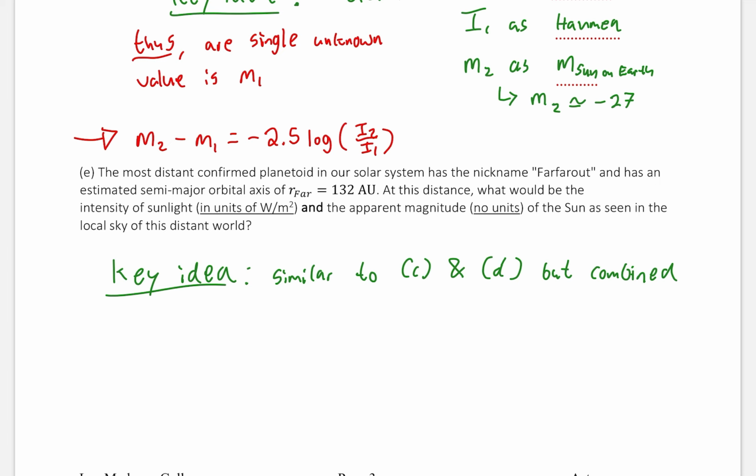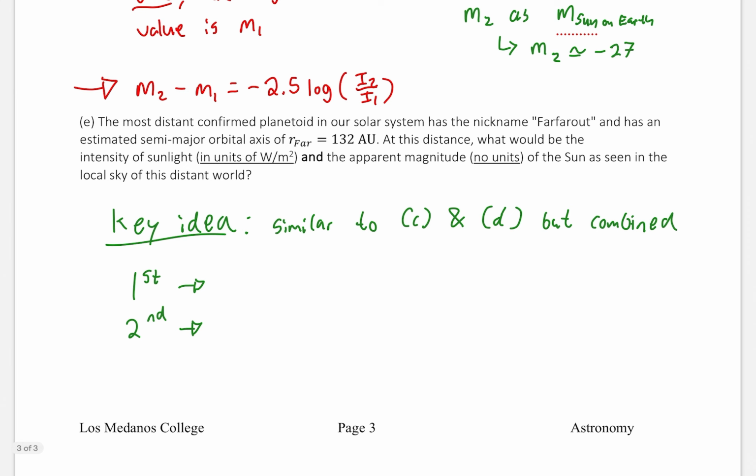Okay, so there's 2 steps in this one. It's really kind of the only problem that has 2 steps. And that's just because it is a repeat, so that it's building on ideas that you should be familiar with at the point that you get to this last question in the homework. So the first step is to find I2, and then to find M2 is the second step.